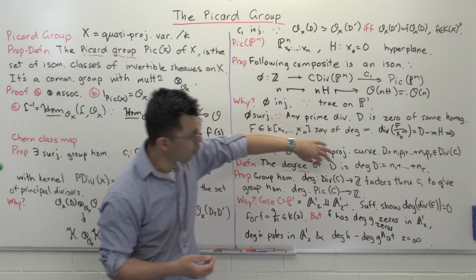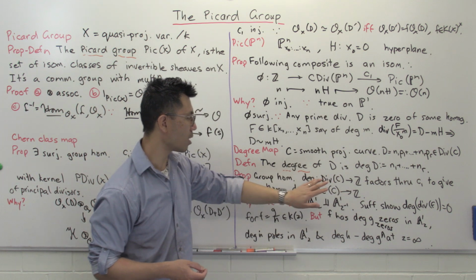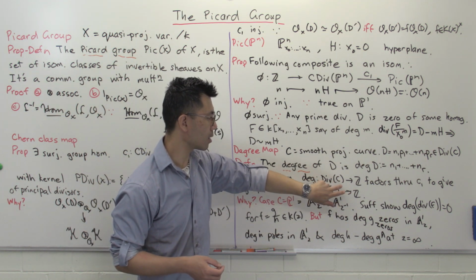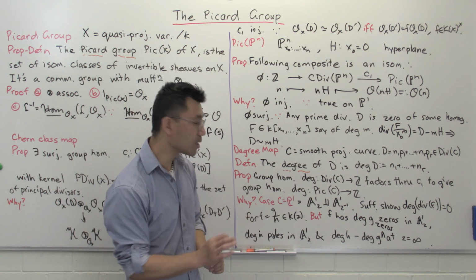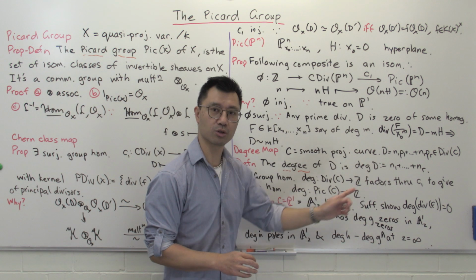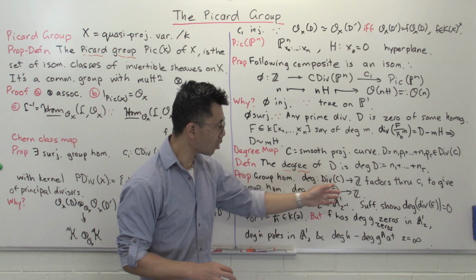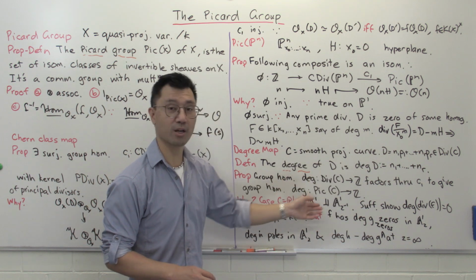So that tells you straight away that if you want to study the divisors on a smooth projective curve, the first invariant that you can attach to it is this integer called the degree. And this is not just how you try to understand divisors, but also invertible sheaves.